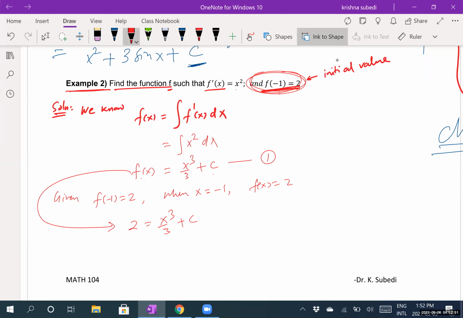Now x means -1, so I write (-1) cubed over 3. And if we simplify, we are going to get c equals 7 over 3. Therefore, substituting the value of c in equation 1, we get our function to be x cubed over 3 plus 7 over 3. That's it.